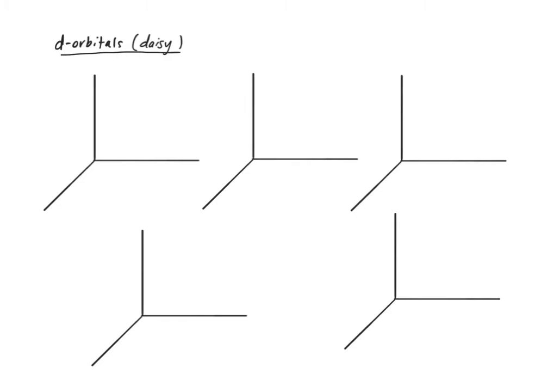And if you're following that pattern, you might imagine that d orbitals, which have a daisy or cloverleaf shape, have 5 possible ways that we can orient them in space. These are more complex still. So there are 5 possible orientations. I'll try to depict these 5 orientations graphically in a tricky way.